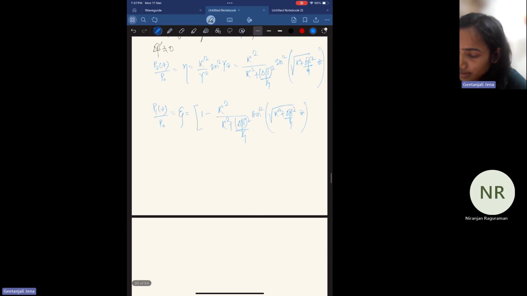And the coupling length is LC prime, which is pi by 2 gamma, or pi by 2 times the square root of kappa square plus delta beta tilde square by 4.